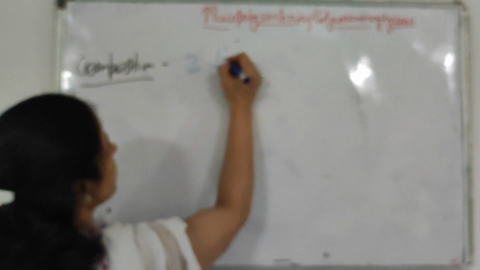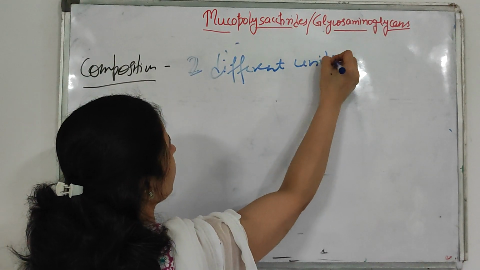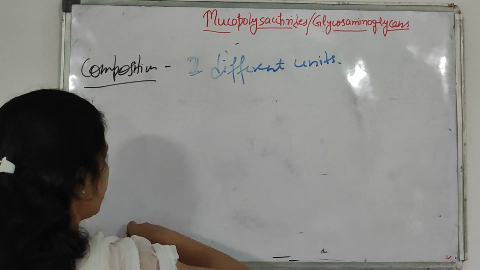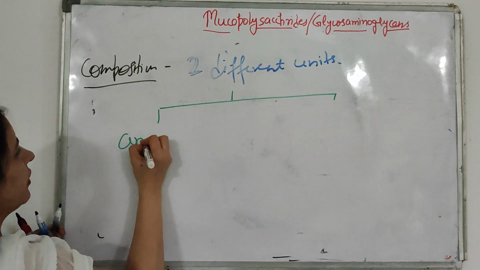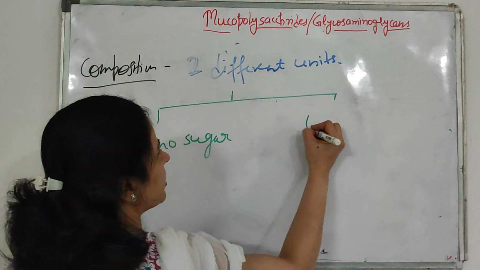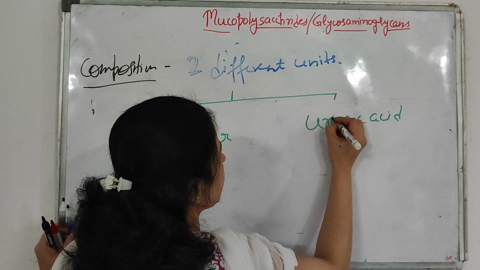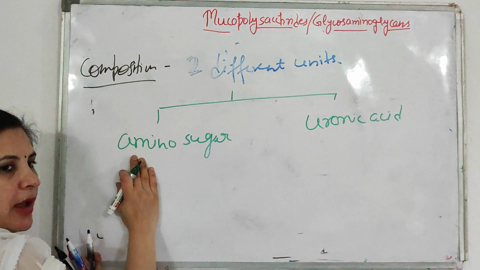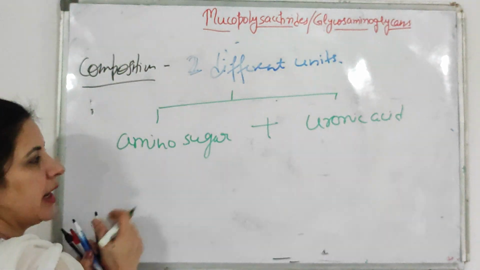That means they are made up of two different kinds of units. One is an amino sugar, and another is uronic acid. So these GAGs are made up of amino sugar and uronic acid. That is their composition.